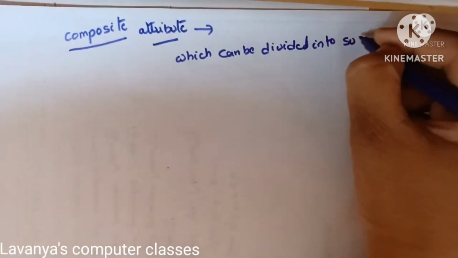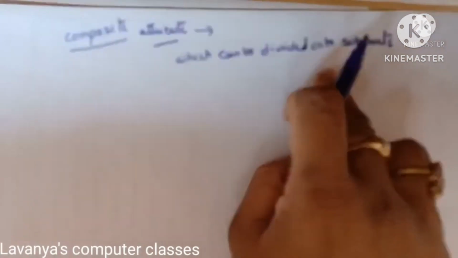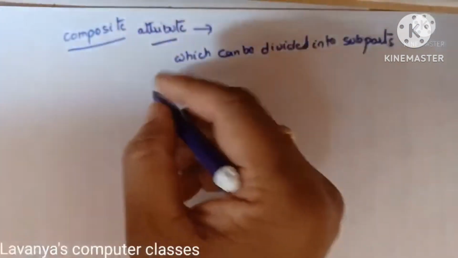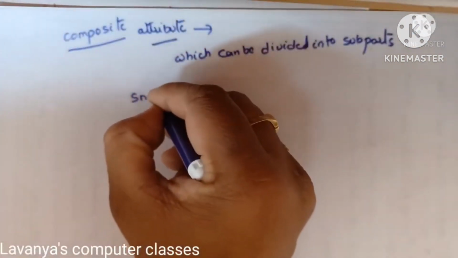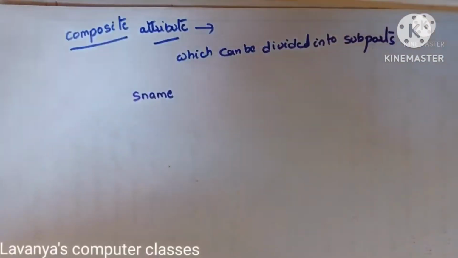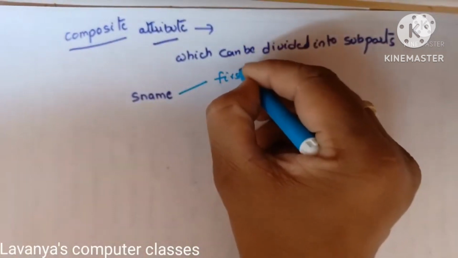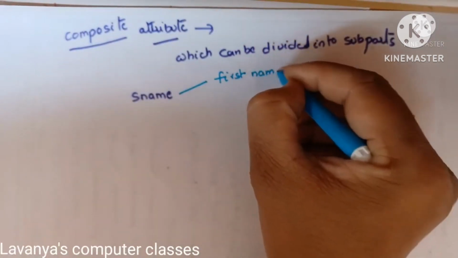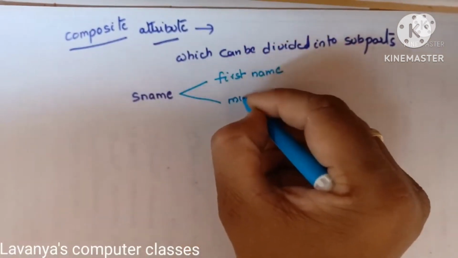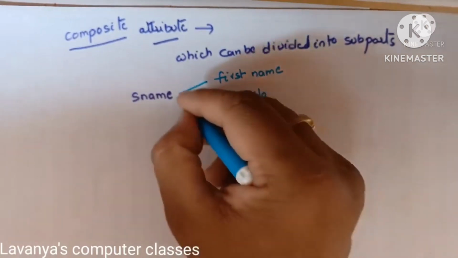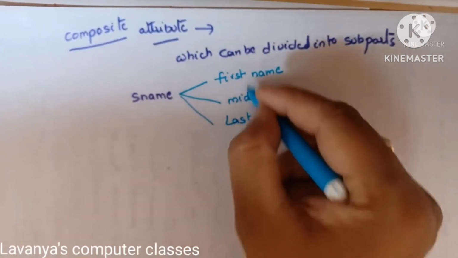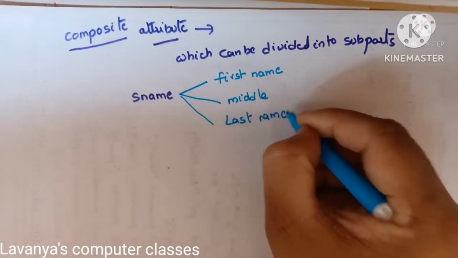For example, S name, that is student name, can be divided into first name, middle name and last name.